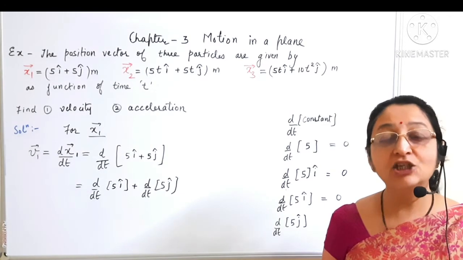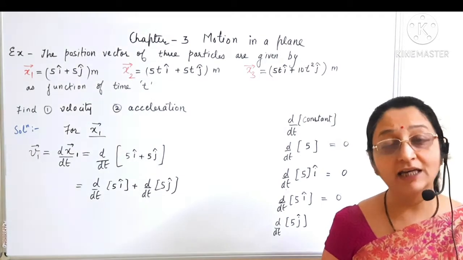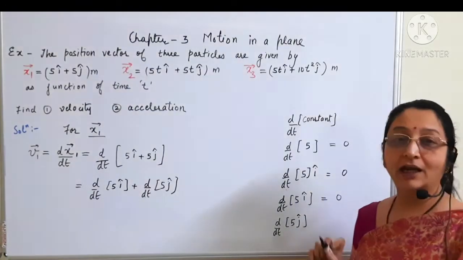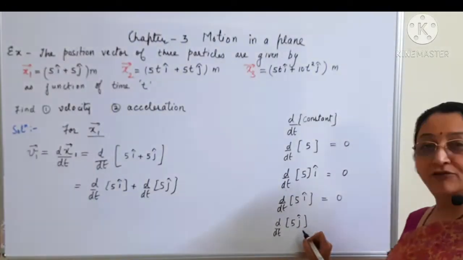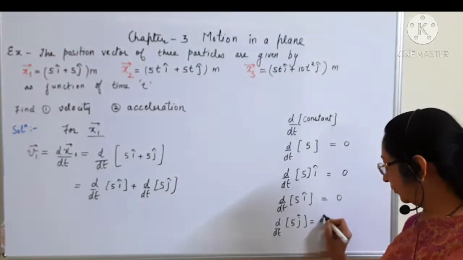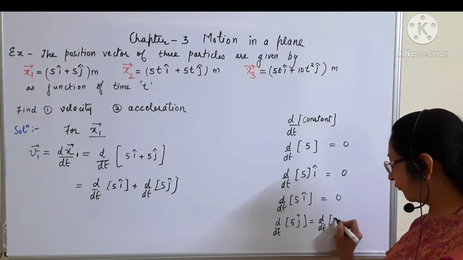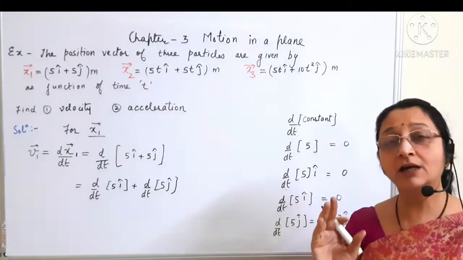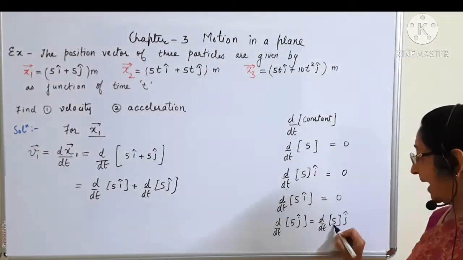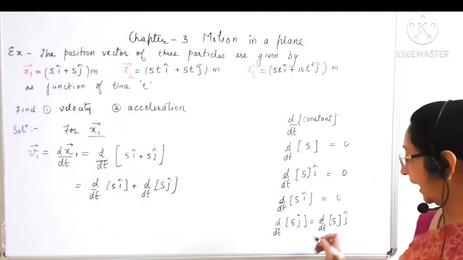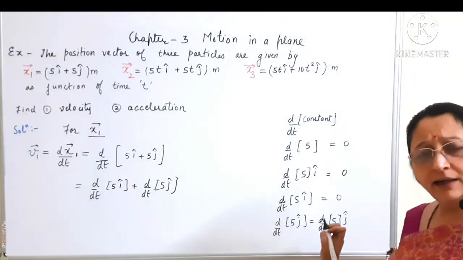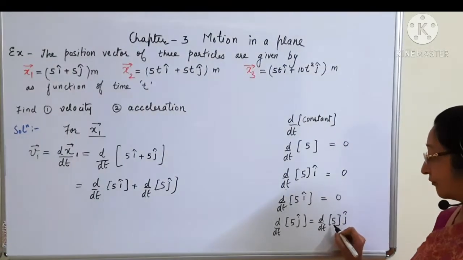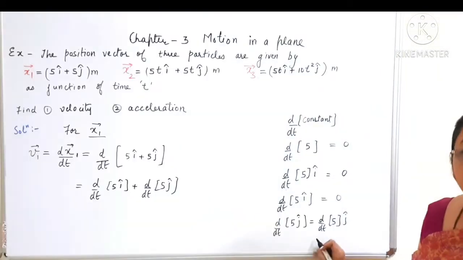We know that the magnitude of j is 1 and its direction is along the y axis. Now 5j. So d by dt of 5j is equal to d by dt of 5, with j kept outside. We kept the vector aside. Will the number 5 change with time? No, it is a constant number. So the differentiation of 5 with respect to time is 0.